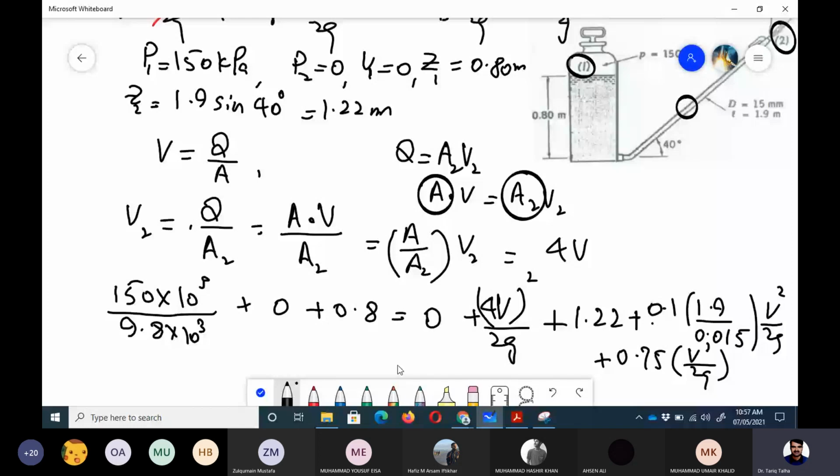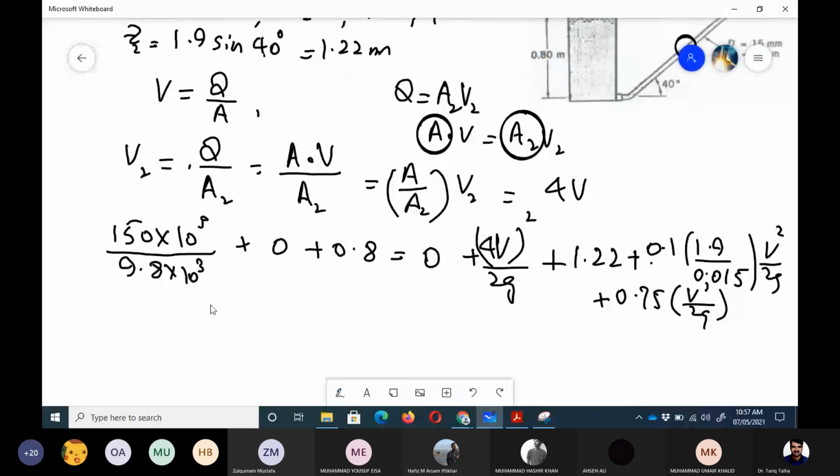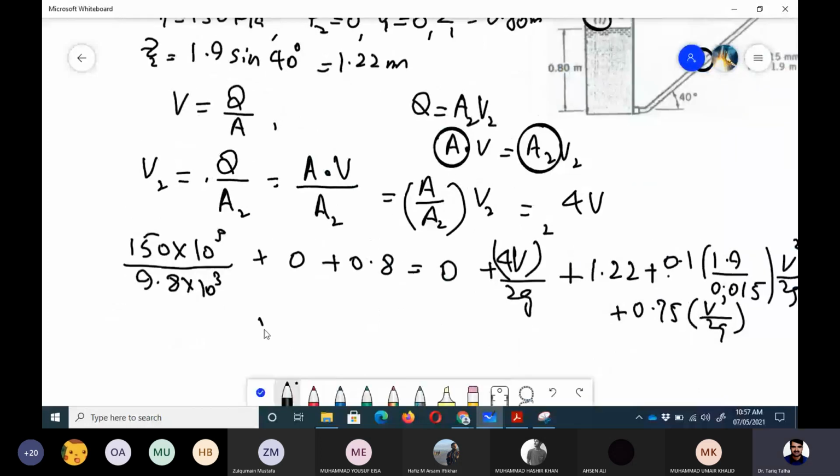So that comes out to be equal to 3.09. And then Q can be calculated as area into V, and we know area is pi by 4 into 0.015 square, into velocity 3.09.